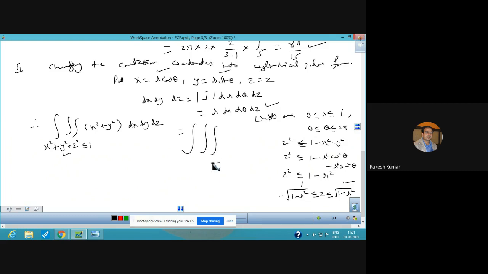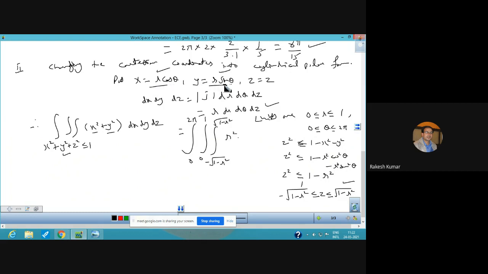Ultimately, you can write down the triple integral: z from minus square root of 1 minus r square to square root of 1 minus r square, r from 0 to 1, and theta from 0 to 2 pi. And here x square plus y square will come out to be r square.